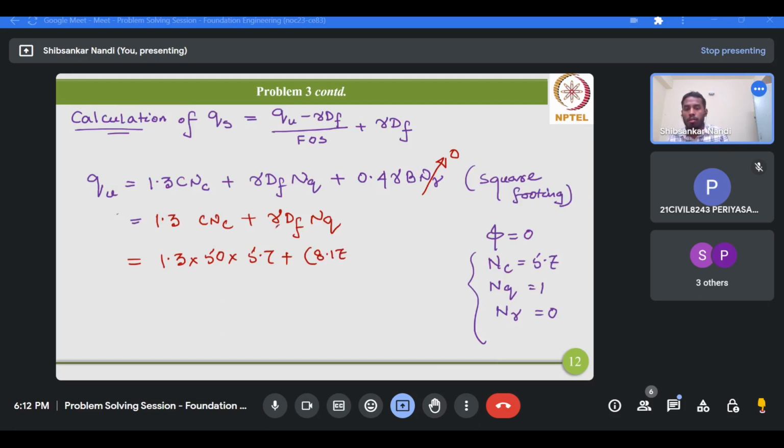So this is gamma sub for the specific problem, multiplied by 1.5. So 1.3 multiplied by 50 multiplied by 5.7 plus 8.17 times 1.5. So 382.76 kPa.